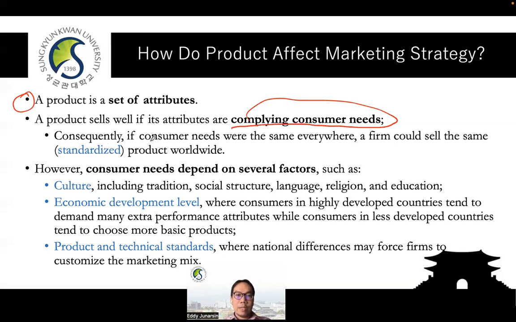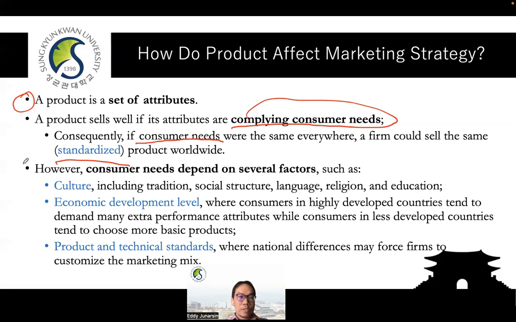So we could imagine that if consumer needs have become more convergent or unified, then we could essentially do mass production, or you could call it mass customization, or in other words, you could standardize the product and also the marketing mix, right?